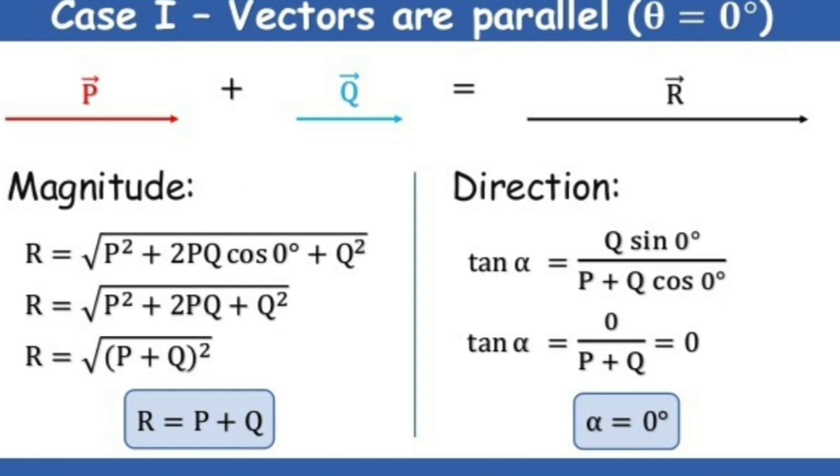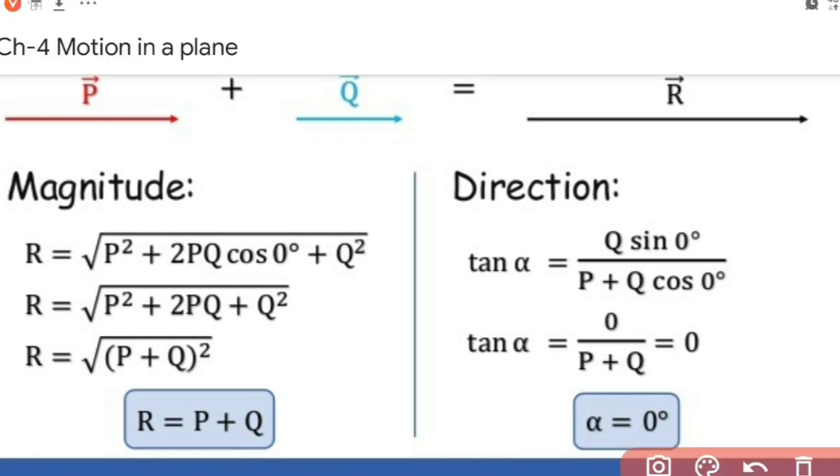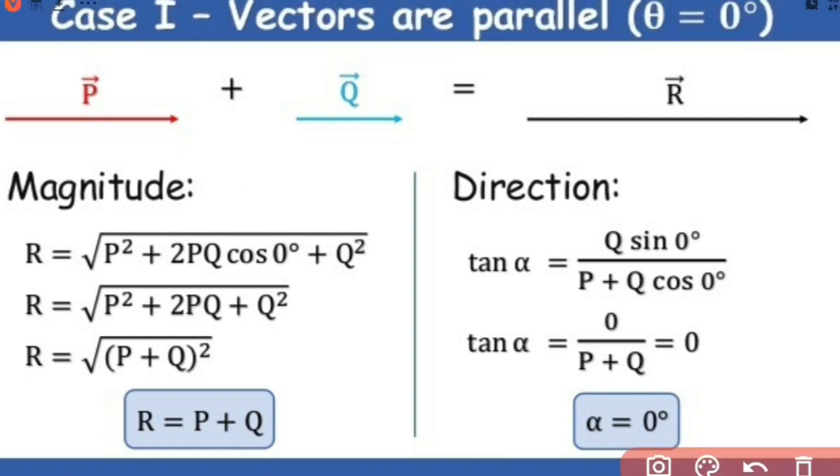Doing with the magnitude, we have root of P square plus 2PQ cos 0 plus Q square. You know cos 0 is 1. So the expression for R becomes root of P square plus 2PQ plus Q square. You know root of P square plus 2PQ plus Q square is P plus Q whole square.